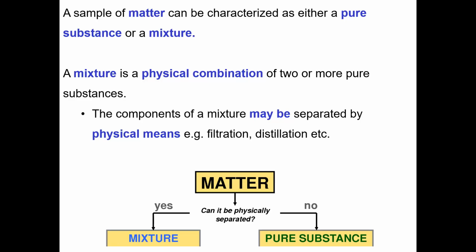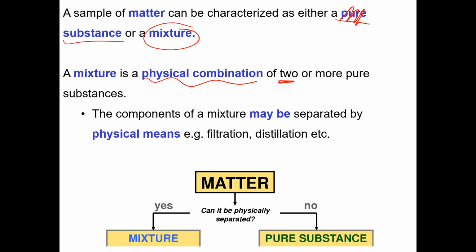So once we have this idea of atoms in place, we can start defining different categories of matter. A sample of matter can be characterized as being either a pure substance, sometimes we will just say a substance, or a mixture. A mixture is a physical combination of more than one pure substance.